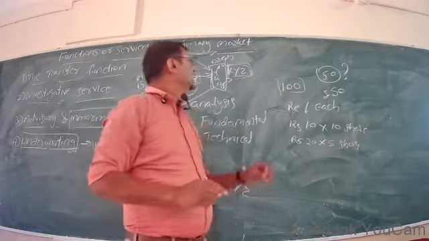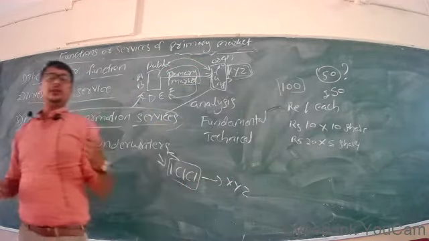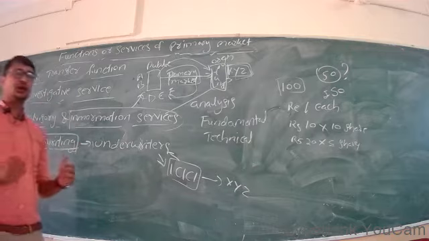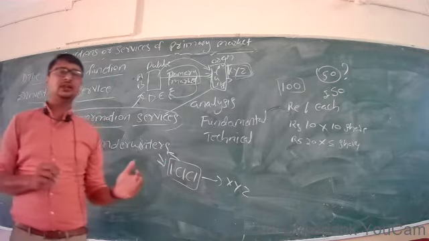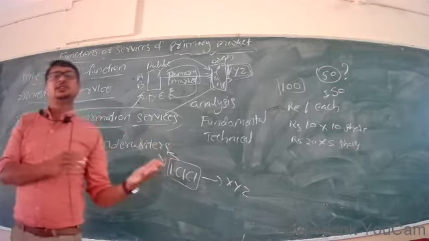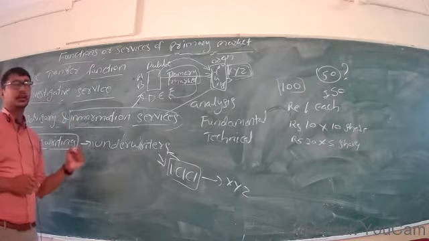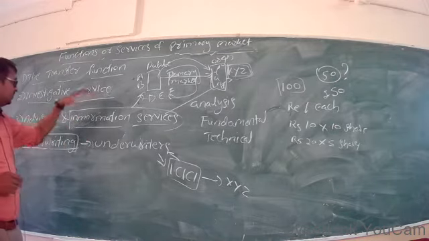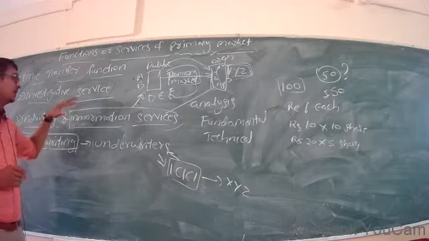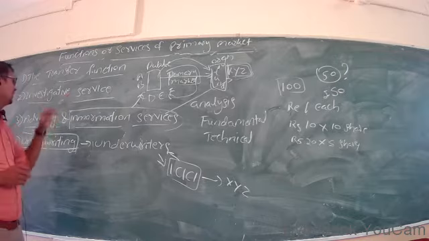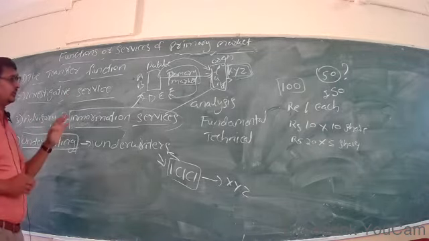Before concluding today's session, we have discussed the functions or services provided by primary market. One is the transfer function, that is transferring funds from surplus money holders to the organization which requires fund to conduct its business. The primary market also provides all the information and research facility to individual investors, and it acts as an advisory body and information service.